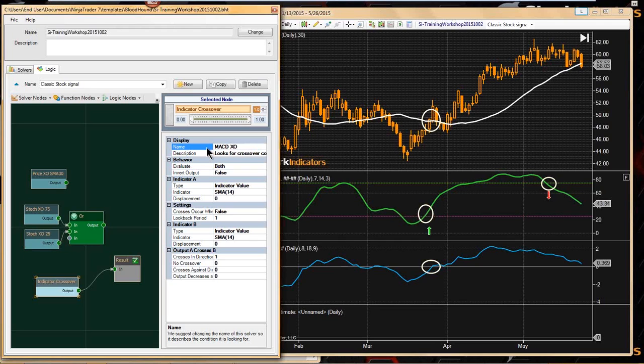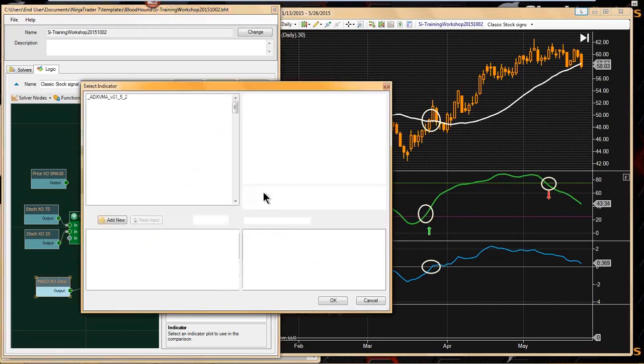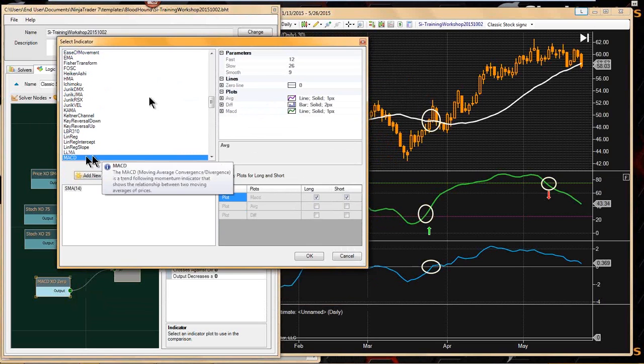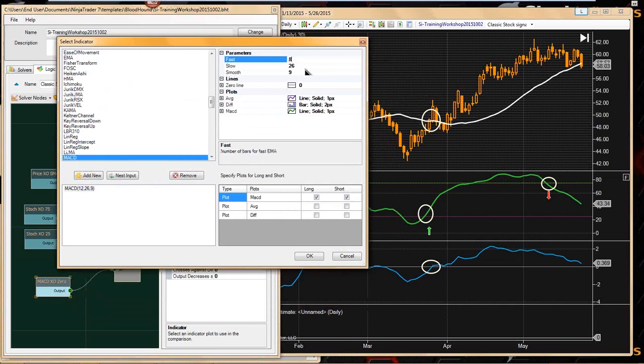All right, so we got the MACD crossing the zero line. So let's set this indicator A to our MACD line. And remember I sped up the MACD settings to 8 and 18. And I'm going to use the MACD line, so that's already selected here.